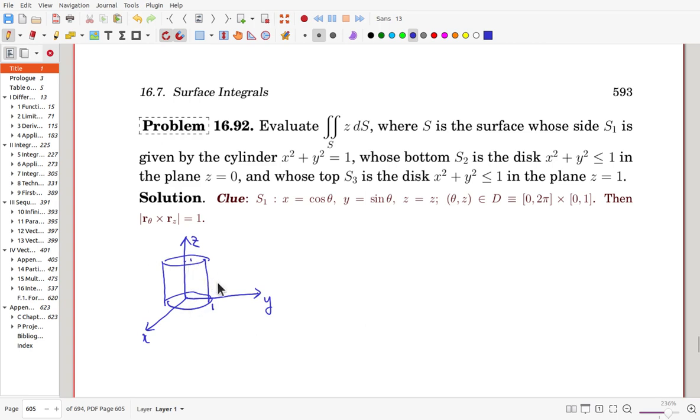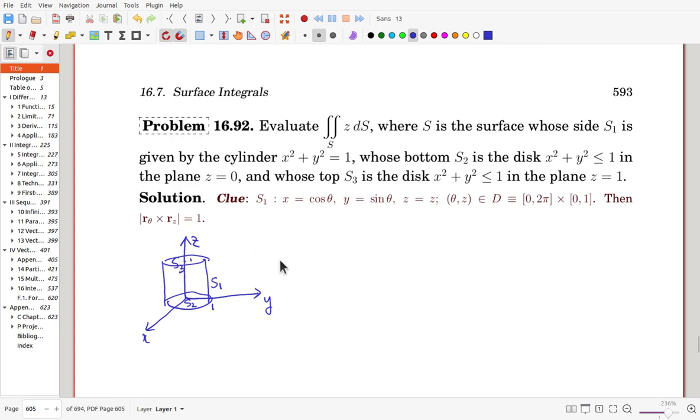So here the side is S1, the bottom is S2, the top is S3. We have to get the surface integral piece by piece, because we can make a parametric representation piece by piece.